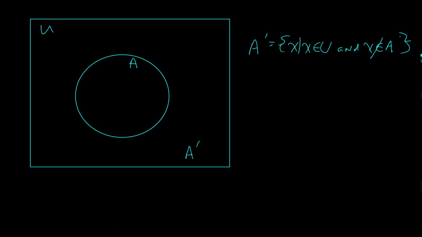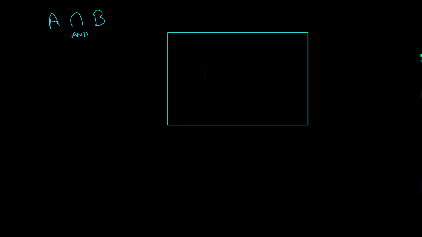Alright, so one of the things we want to talk about then will be the intersection. And so we will create a new notation to talk about intersections. And so I could say A intersection B. I also, in my mind, think of this as A and B. And what an intersection is, it's the way of talking about the shared space.